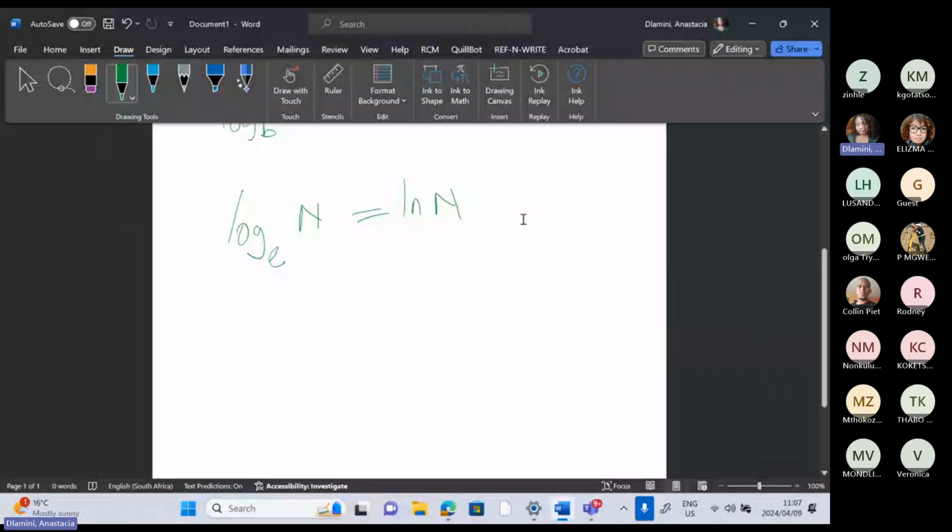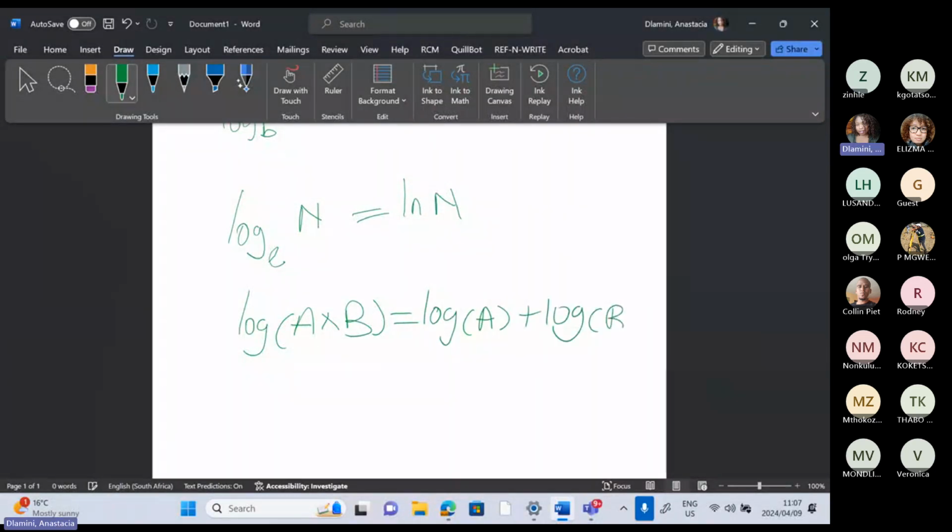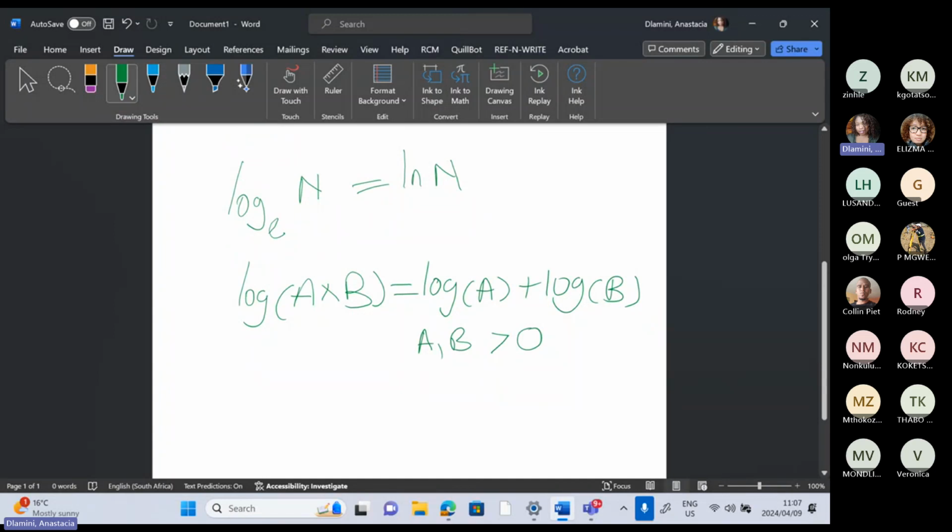So these are the three important laws that we need to know, right? If you have log of A times B, this is the same as log of A plus log of B. Please note that A and B both should be greater than 0, meaning both positive, because the log of a negative number is undefined.